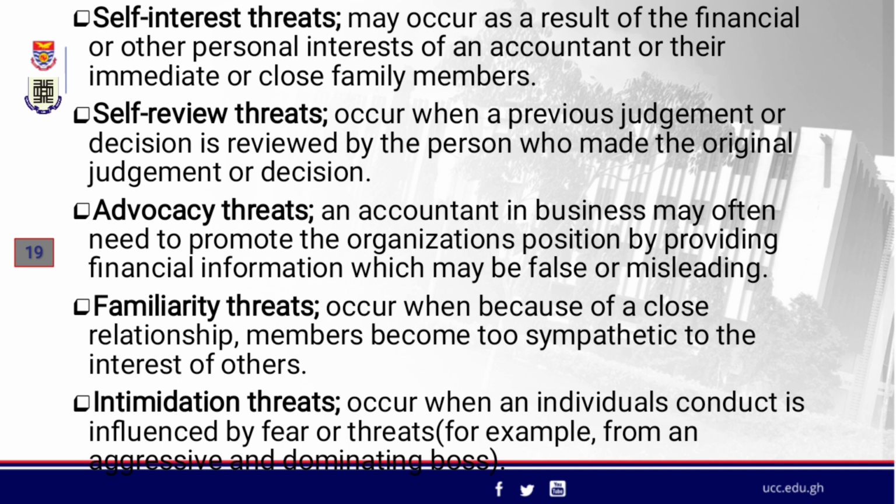Advocacy threat. An accountant in a business may often need to promote the organization's position by providing financial information which may be false or misleading. So you become an advocate. This happens when you have worked for the business for a very long time.